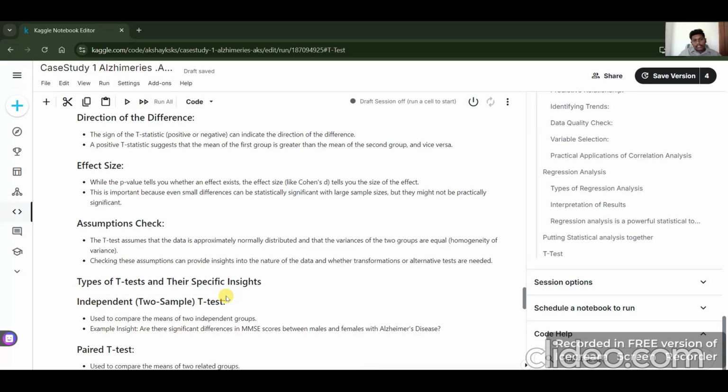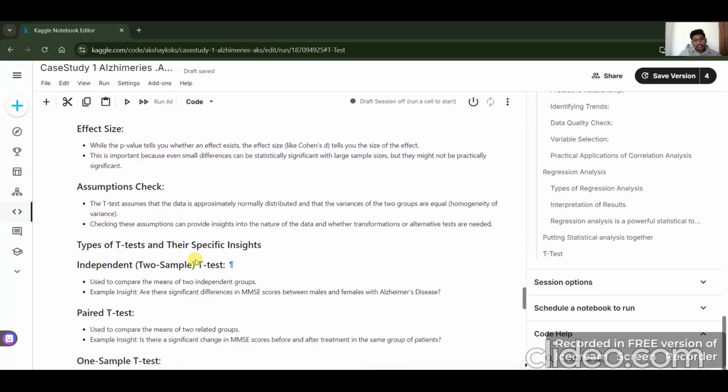Types of tests: the independent two-sample t-test is used to compare the means of two independent groups. Example: is there a significant difference in MMSE scores between male and female Alzheimer's disease patients? Paired tests are used to compare means of related groups.